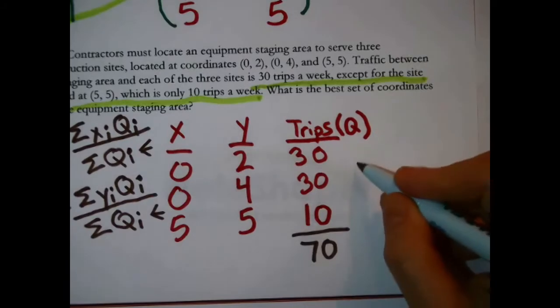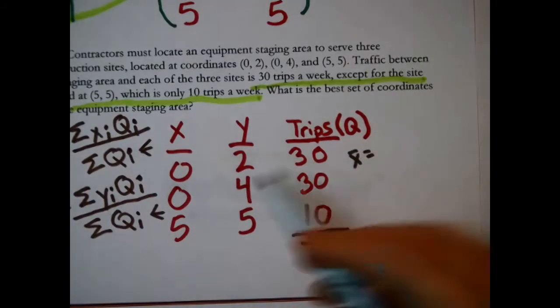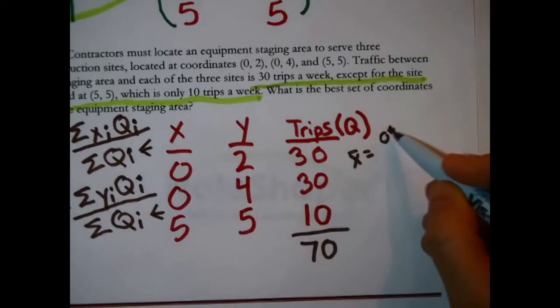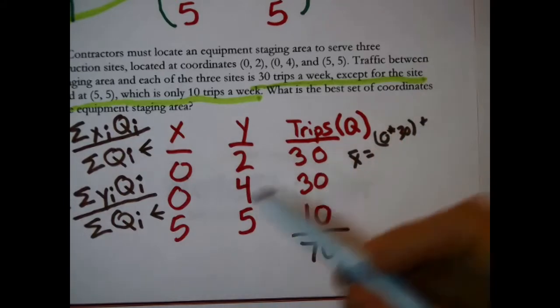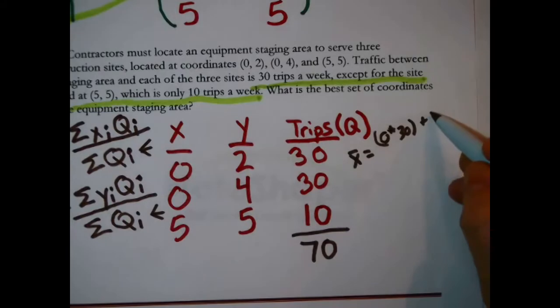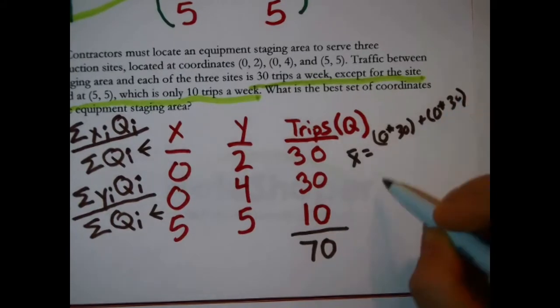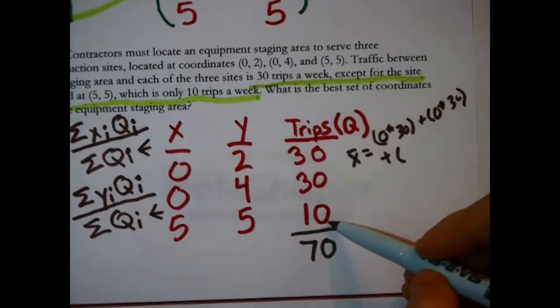In the case of x, I'll work over here. I say 0 times 30 plus 0 times 30 plus 5 times 10.